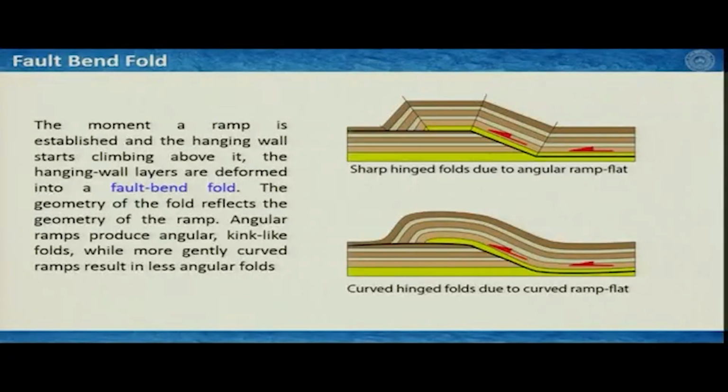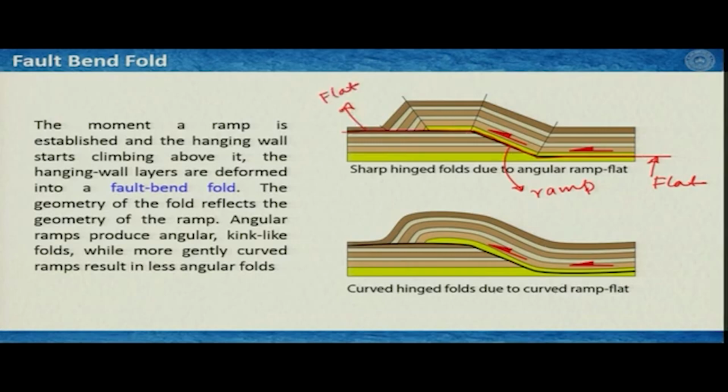Now, fault bend fold is essentially a structure that you see in the ramp flat model. So the moment a ramp is established and the hanging wall starts climbing above it, the hanging wall layers are deformed into a fault bend fold, as you can see here. This is the flat, this is the ramp, and this is again another flat.